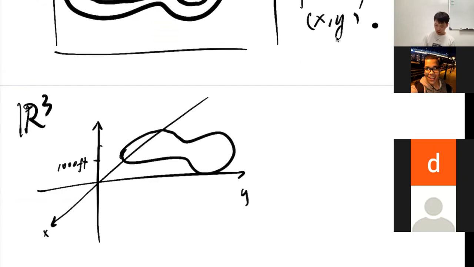And then when you move on to 1,200, it becomes taller. And 1,400 becomes even taller. Okay.